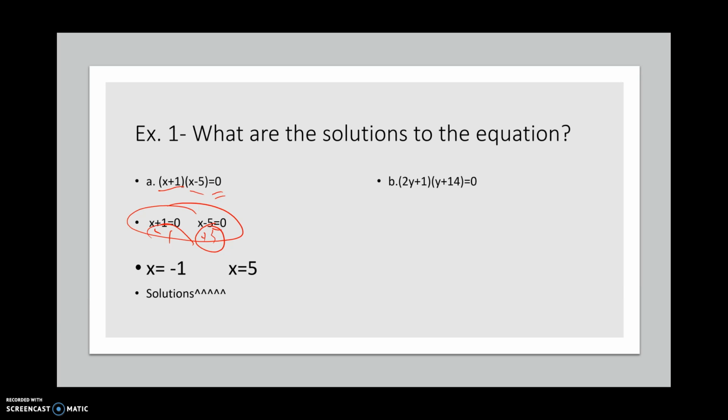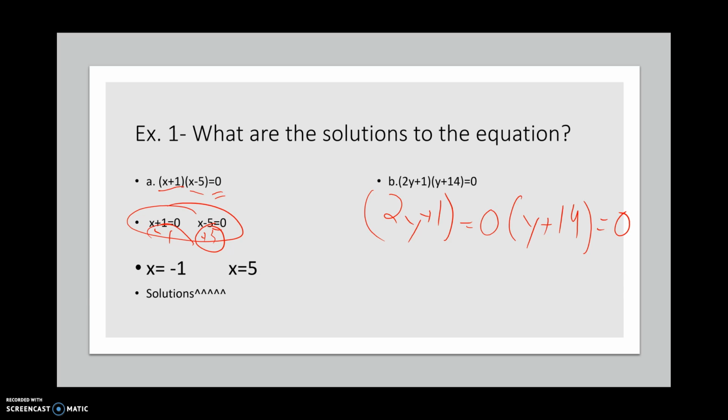Okay, now we're going to solve this. First step is the zero product property. Just like we did earlier, we have 2y plus 1 equals 0, and then y plus 14 equals 0. So you basically split it into two chunks.